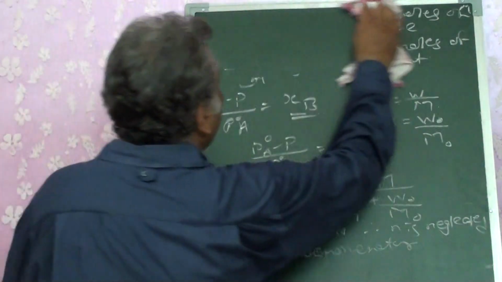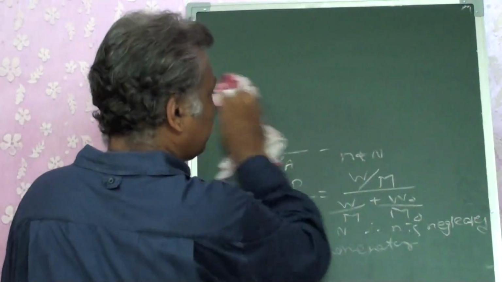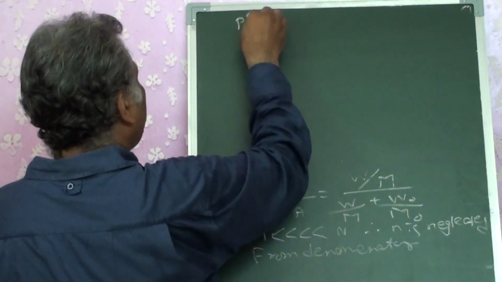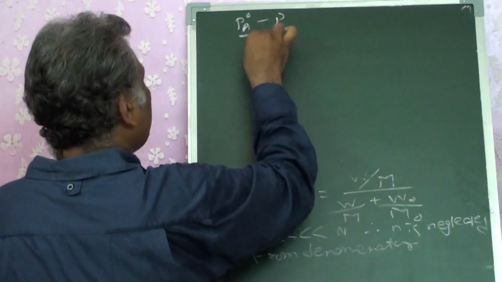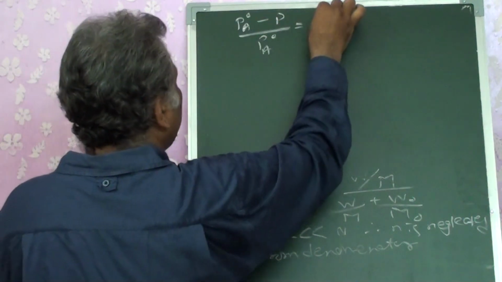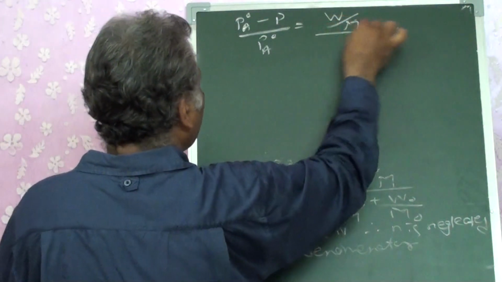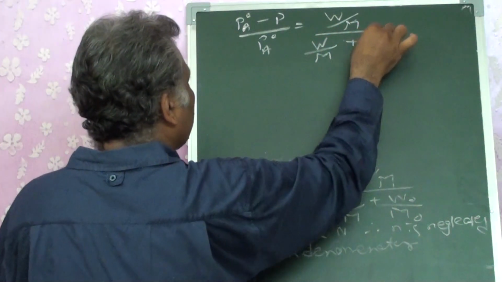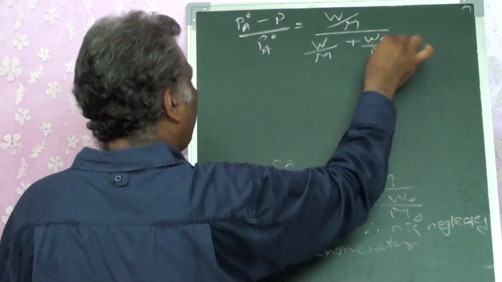So we will get the formula now as P naught A minus P upon P naught A is equal to W by M upon W by M plus W naught by M naught.